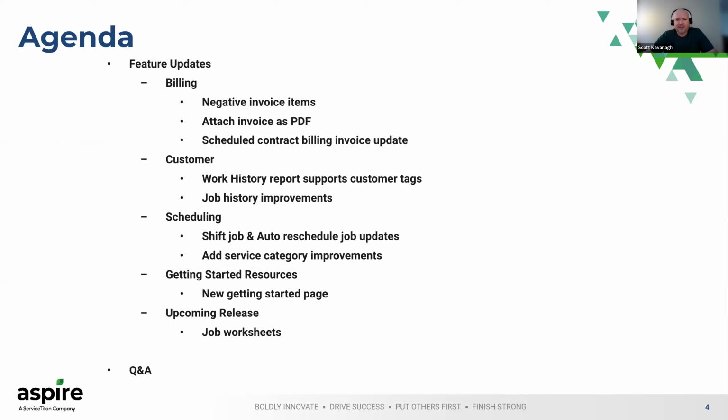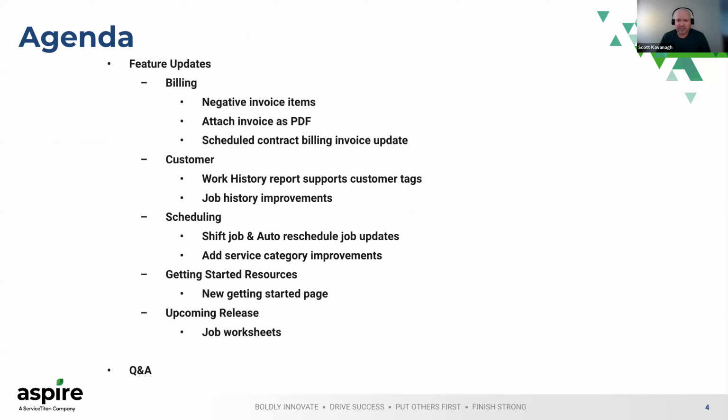As far as our customer record goes, our work history report now supports customer tags, so you'll be able to filter and output those. Job history on the customer record, we've made some improvements, so we'll cover that. For scheduling, shift and auto reschedule jobs, we've made some tweaks there that we'll talk about.